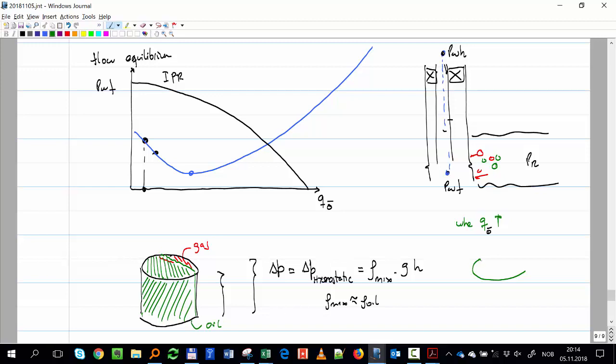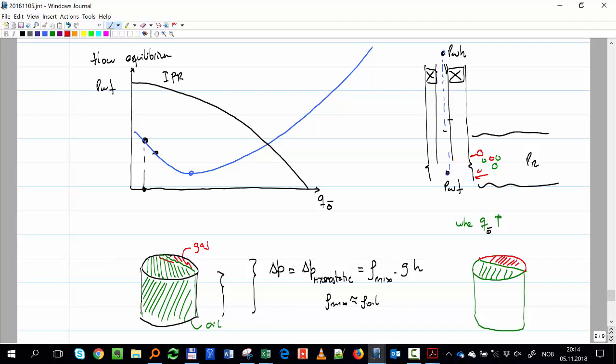One thing, the oil starts to flow quicker. Therefore, you see here it occupied like 3/4 of the pipe. By flowing quicker, it occupies less of the pipe.